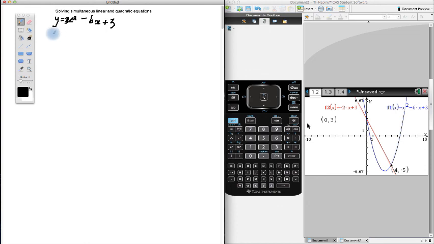That's our quadratic, and our linear equation is y equals minus 2x plus 3. There we go.